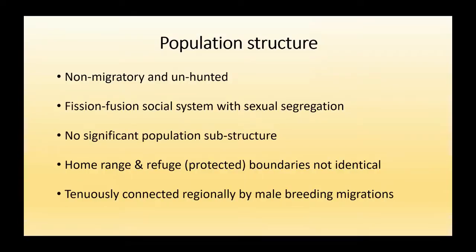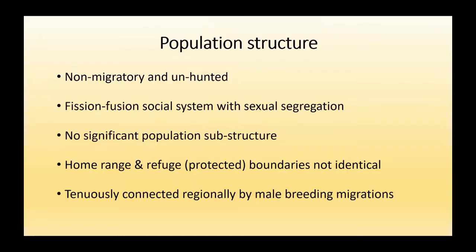This is the population structure, going into test and remove or going into the epidemic. Non-migratory, not hunted, the typical fission-fusion social system with segregation of the sexes outside of rut. No significant population substructure. And then these last two bullets sort of review the last slide.